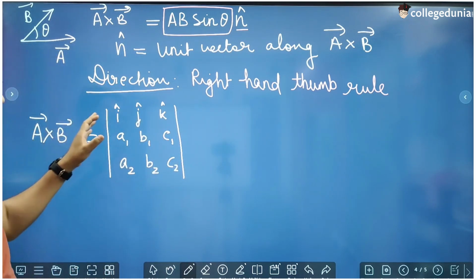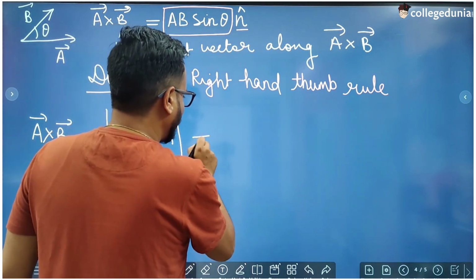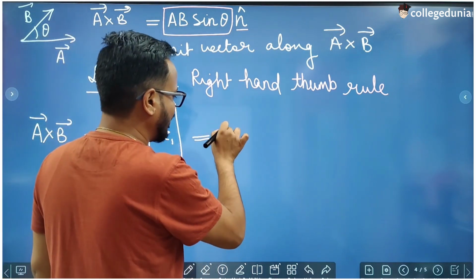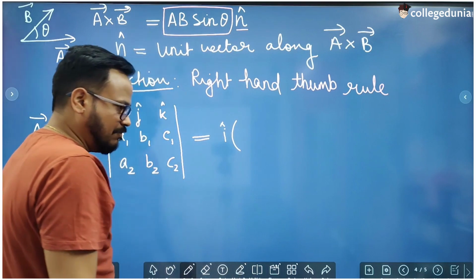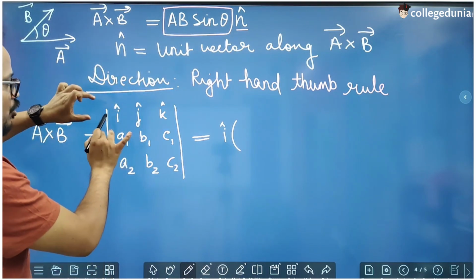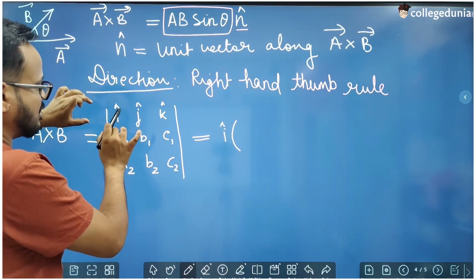So you will make this determinant and expand it. How are we going to expand this determinant? You will write i cap and leave the row and the column which has i cap as one of the elements.